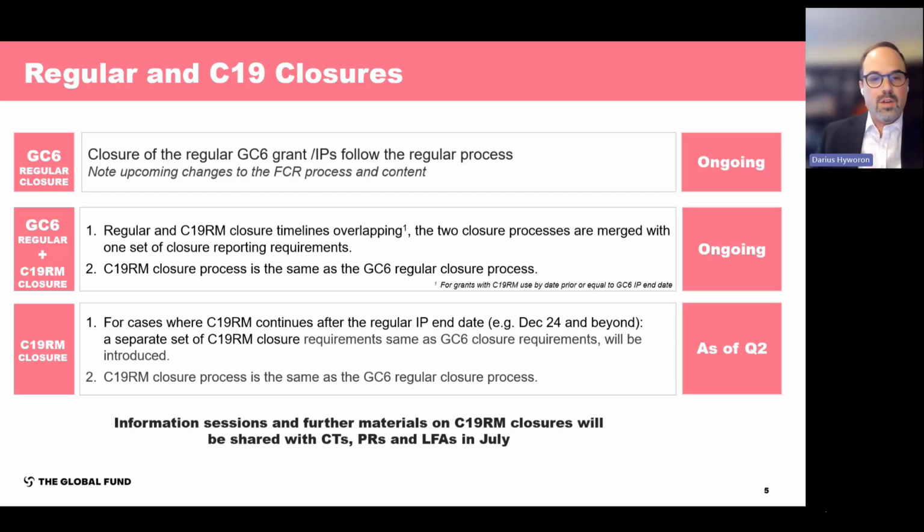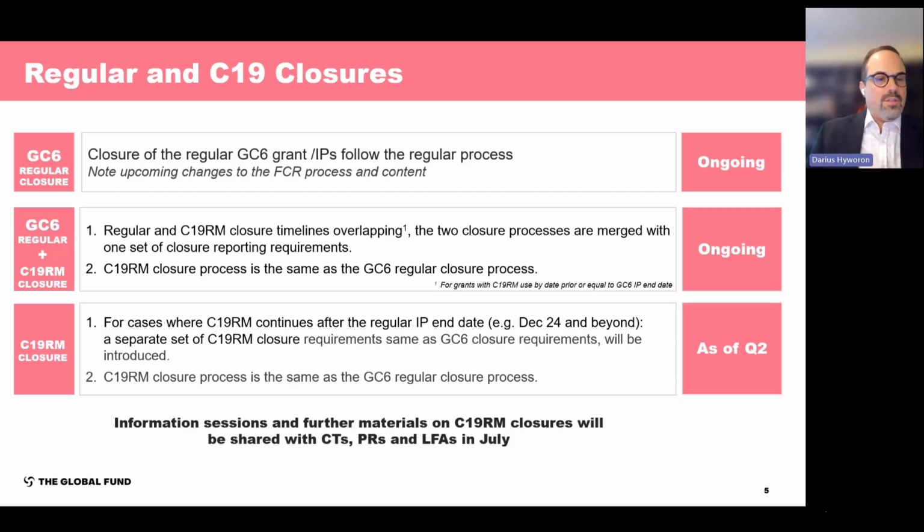So you close the GC6 regular grant portion, and then a C19RM closure process will be initiated later once the C19RM portion of the IP comes to an end. And there'll be more sessions and more information coming in the coming weeks.